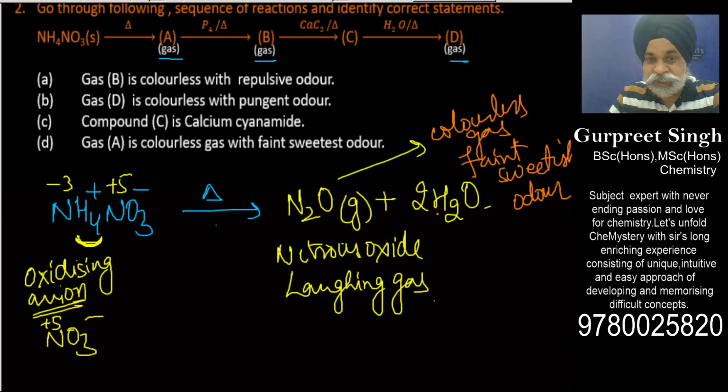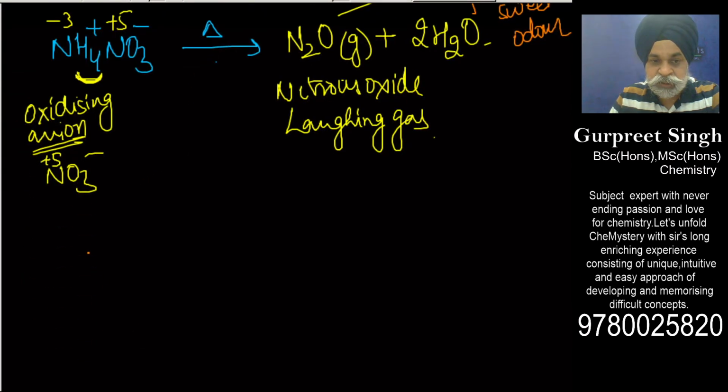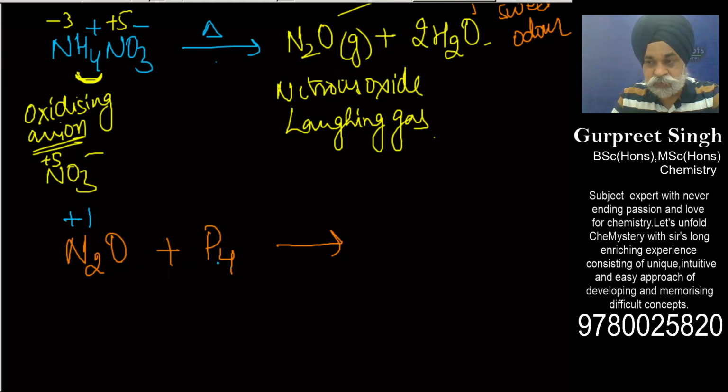Now, what is being asked: this gas is being treated with P4. So you have N2O being treated with P4. This is a very interesting thing. Here the nitrogen's oxidation state is +1. If you heat this with P4, you end up getting P4O10.